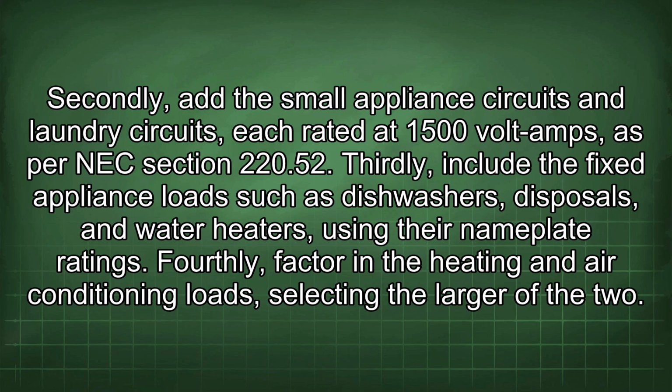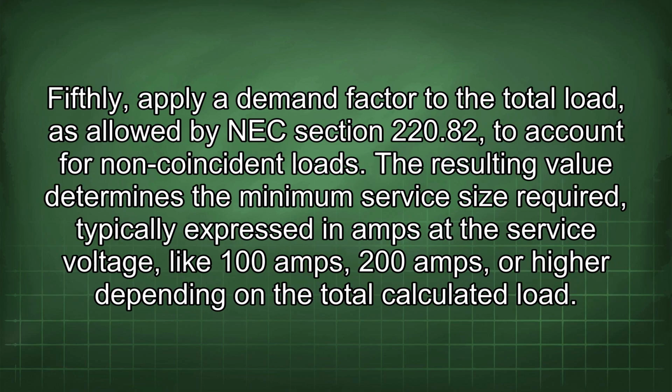Fourthly, factor in the heating and air conditioning loads, selecting the larger of the two. Fifthly, apply a demand factor to the total load, as allowed by NEC section 220.82, to account for non-coincident loads. The resulting value determines the minimum service size required, typically expressed in amps of the service voltage, like 100 amps, 200 amps, or higher depending on the total calculated load.